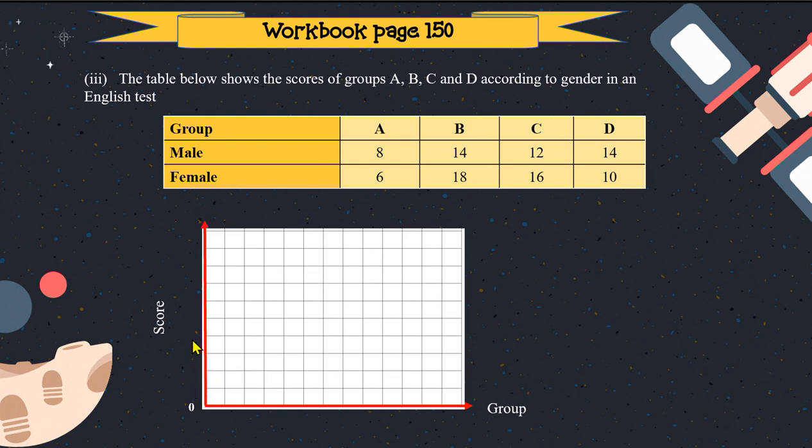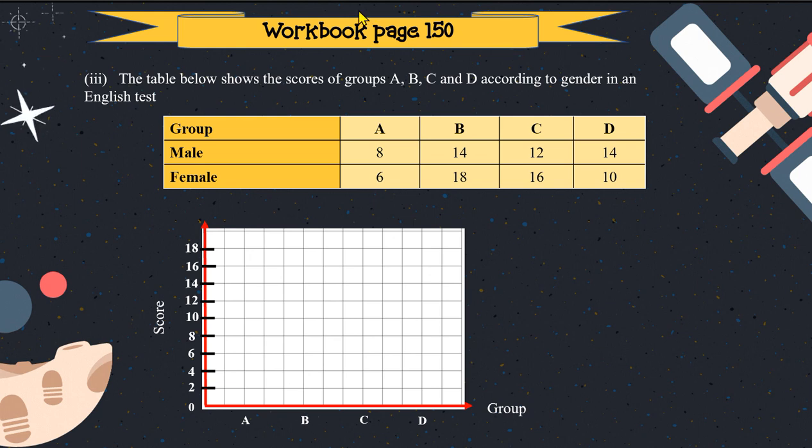So you can write everything here, but make sure your scale here is uniform. You have to start with 2, 4, 6, 8, 10 and until 18. And then group, we have group A, B, C, D. So you just draw A, B, C, D like this.